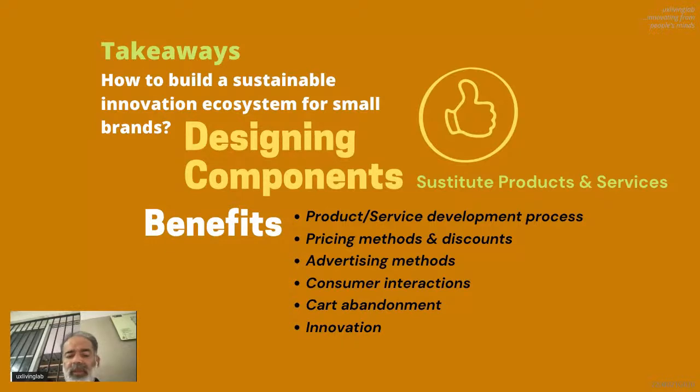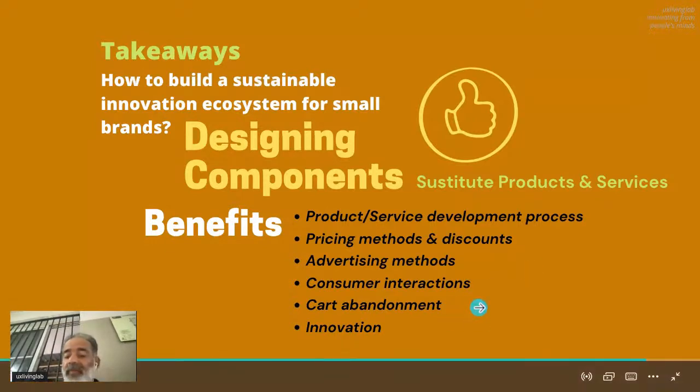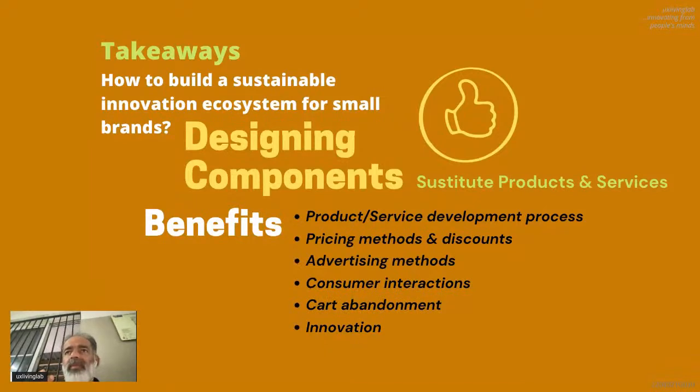Consumer interactions, cart abandonment, that's affinity analysis. That's one of the important things we have to look into with these substitute products, which is called affinity analysis, cart abandonment. Then you can innovate the product. These are the main benefits I am talking about, but you can find a lot of other benefits also while doing this exercise.